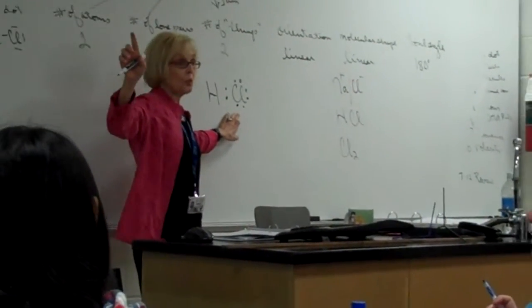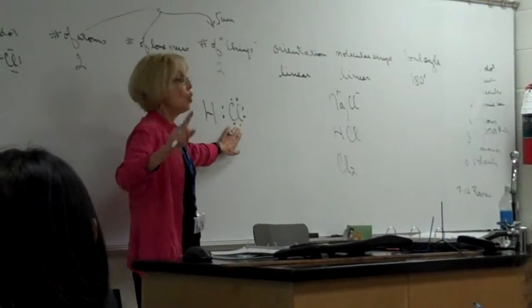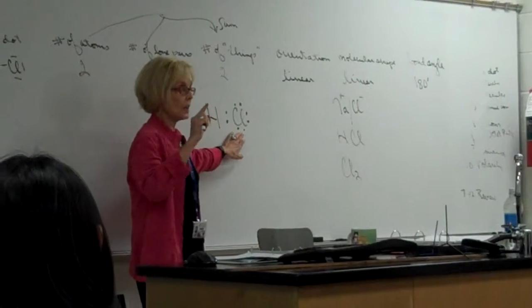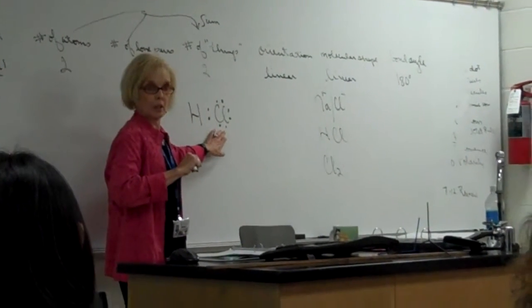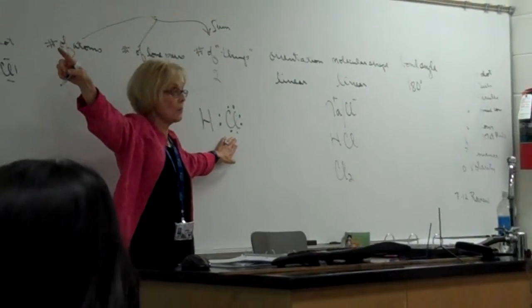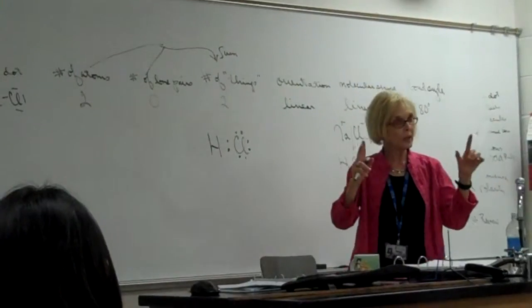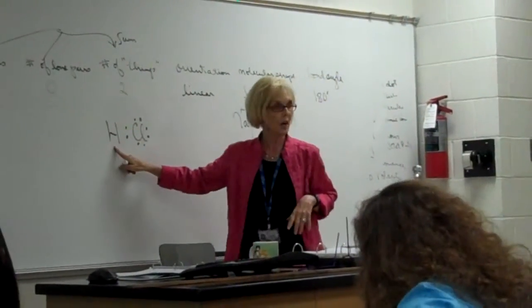Remember how we reviewed where hydrogen belongs in electronegativity? Who is more electronegative, hydrogen or chlorine? Who's closer to the hot spot of fluorine? Chlorine. Okay, chlorine is greedier for electrons than is hydrogen.